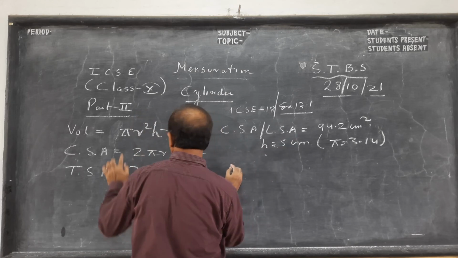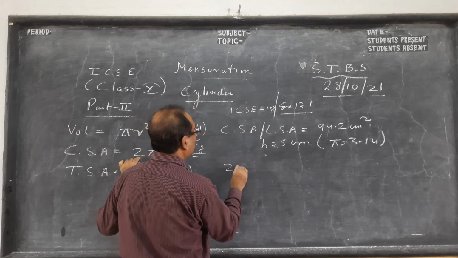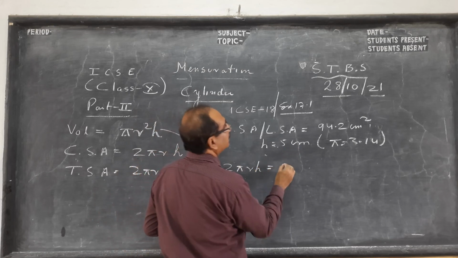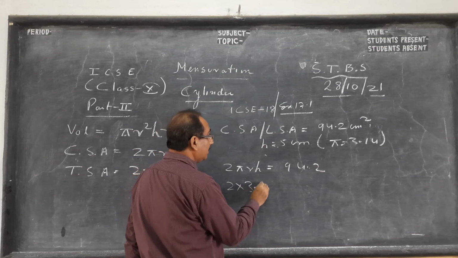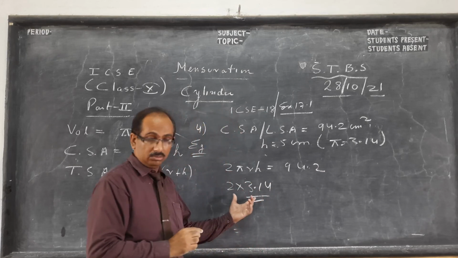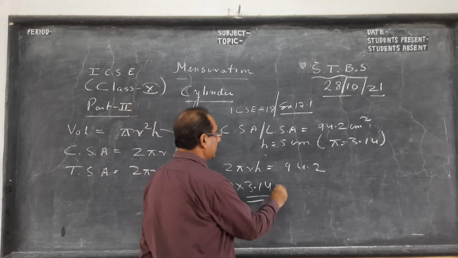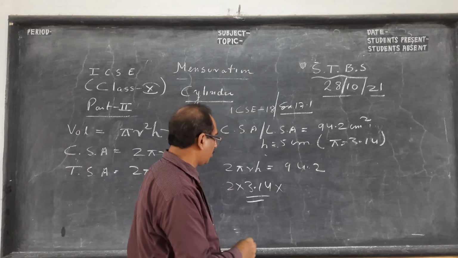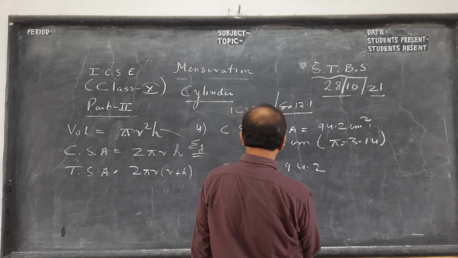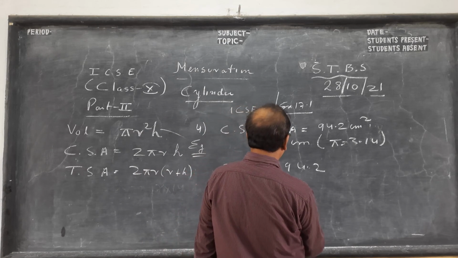So curved surface area, you see, is 2 pi rh, which is 94.2. So 2 pi, children, 3.14. This is the reason I am taking that, because we have a habit of taking 22 by 7. So read the question properly. Okay, we have to find the height?